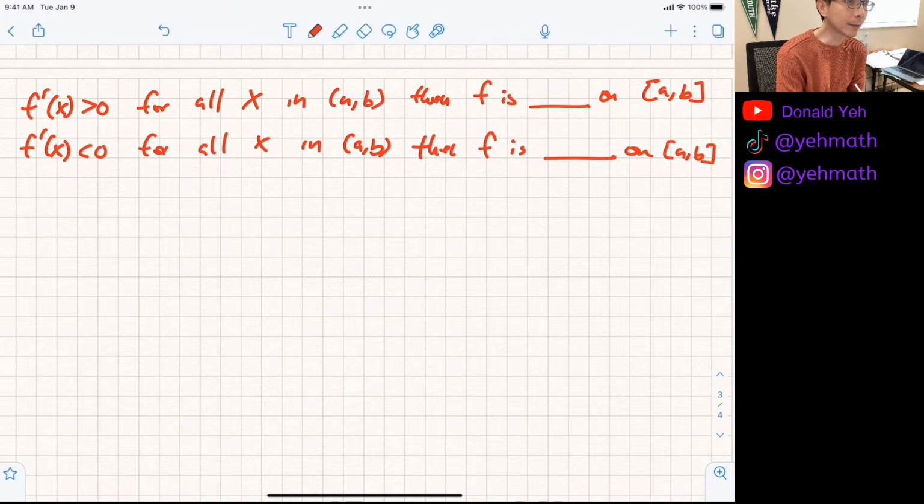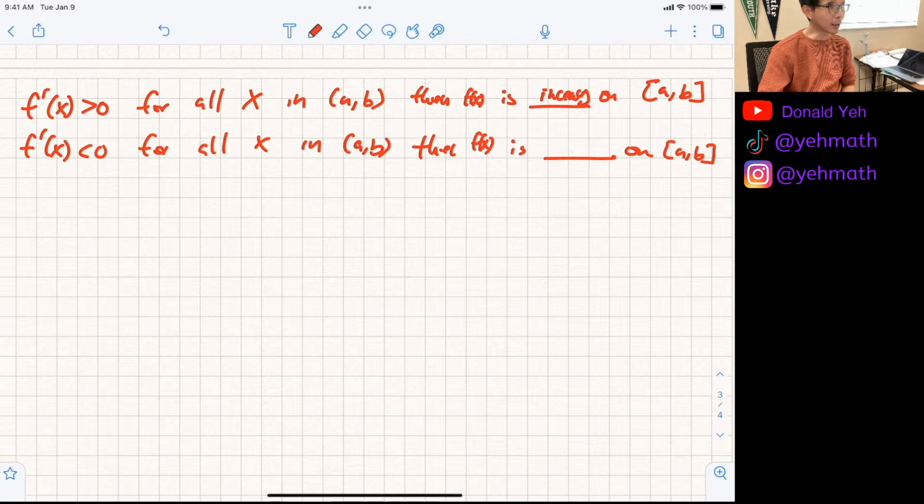Yes. What do you think? If f prime of x is greater than 0 for all x, then f, which is the original function, is what? What is the original function doing? One word. Good job. Increasing. Oh, that's so smart.